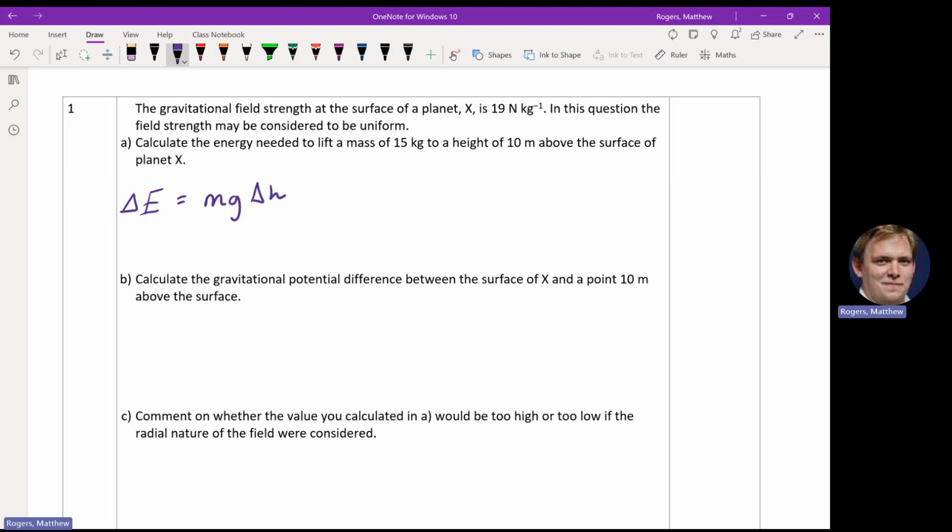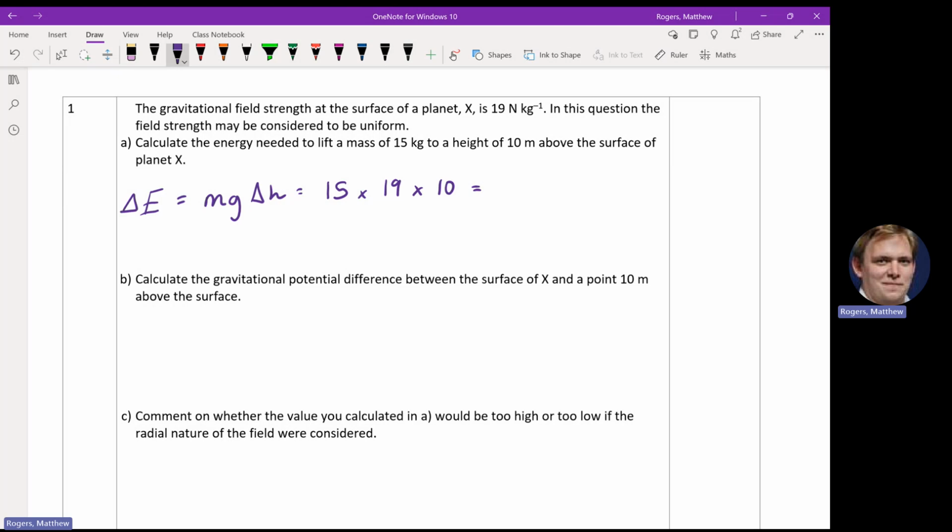in height. So it's work done is force times distance. So here, a mass of 15, the gravitational field strength is 19, and a height of 10 meters. Right, find a calculator. 15 times 19 times 10.